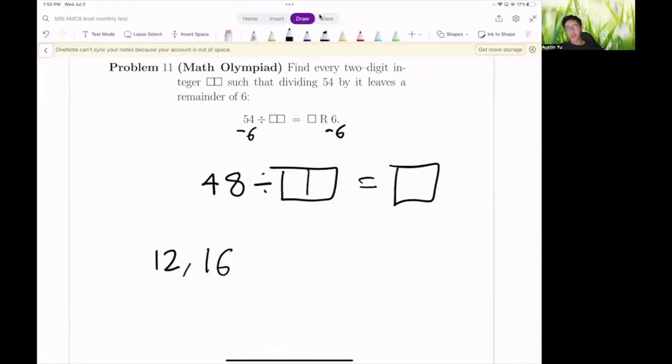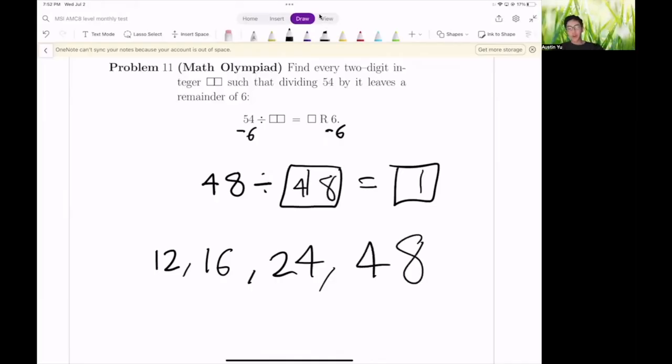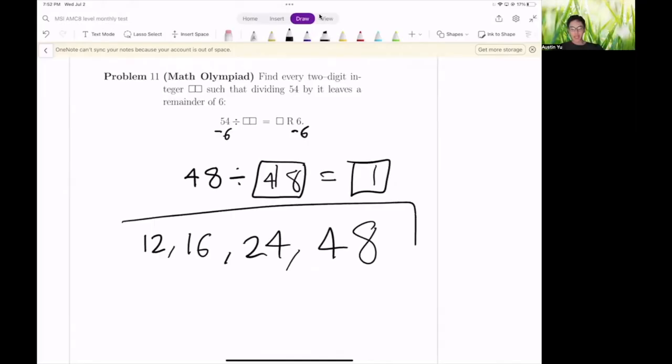Well, that would just be 24 because 48 divided by 24 is 2. And then finally, we know that the last number must be 48 because 48 divided by itself would just be 1. That always works. So in total, there are 4 two-digit numbers that satisfy this equation: 12, 16, 24, and 48.